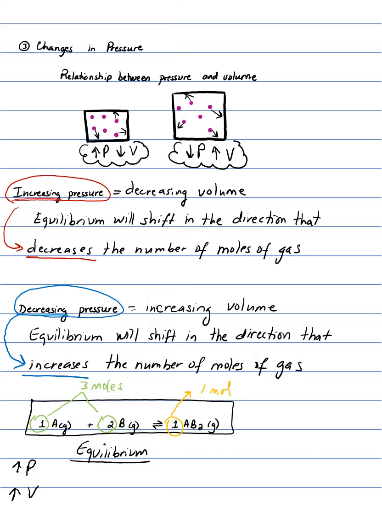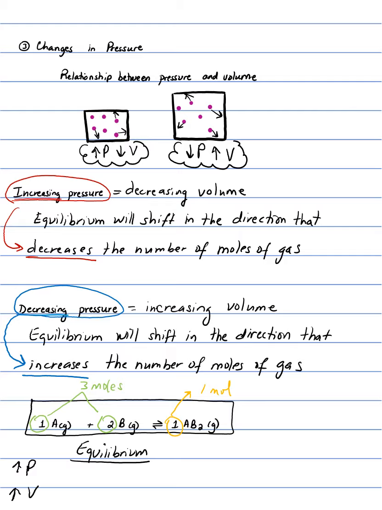So if the pressure is being increased, that's the change or the disturbance that is happening to that equilibrium system. Increasing the pressure means that the equilibrium will be shifted in the direction that decreases the number of moles of gas. The number of moles of gas on the product side is 1.